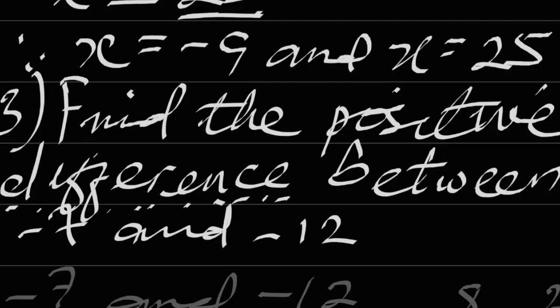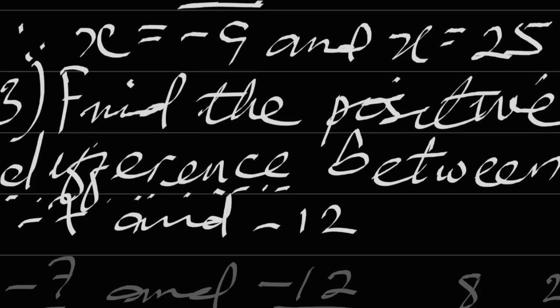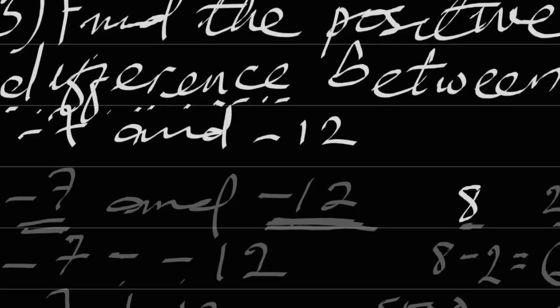If we are asked to find the positive difference between 8 and 2, the answer will be 8 minus 2, which is equal to 6. Yes, because 8 is bigger than 2. So 8 minus 2, that's the positive difference.